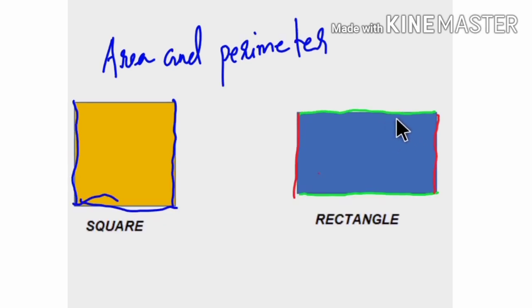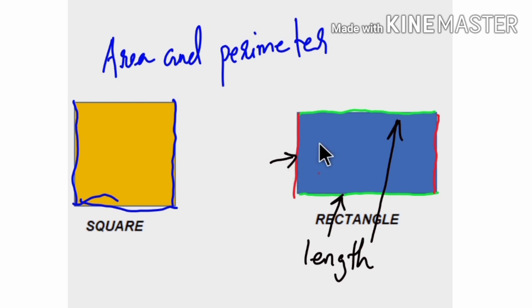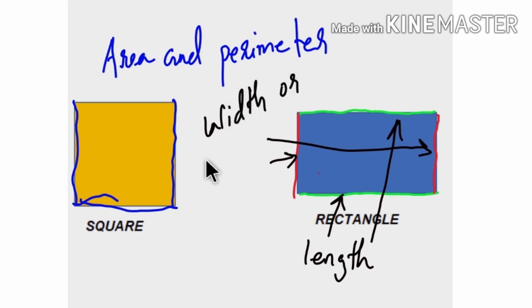We call these two longer sides as length, and these shorter sides as width or breadth.